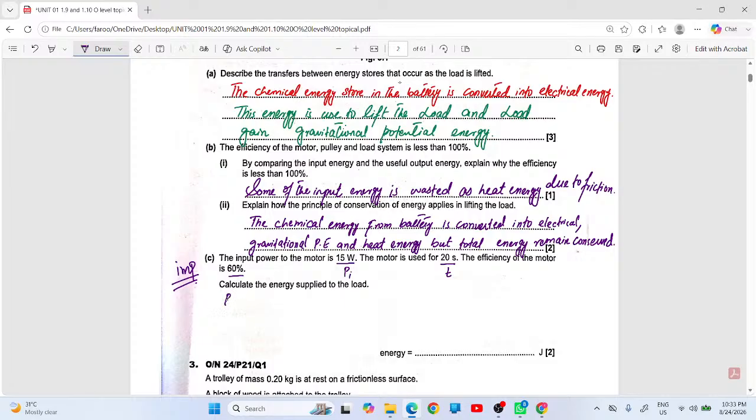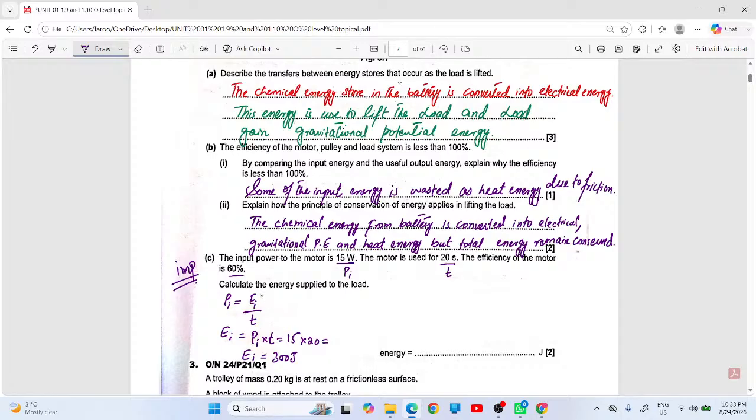Input energy equals power input multiplied by time. Power input is 15, time is 20. So input energy equals 15 multiplied by 20, 300 joules is the input energy.